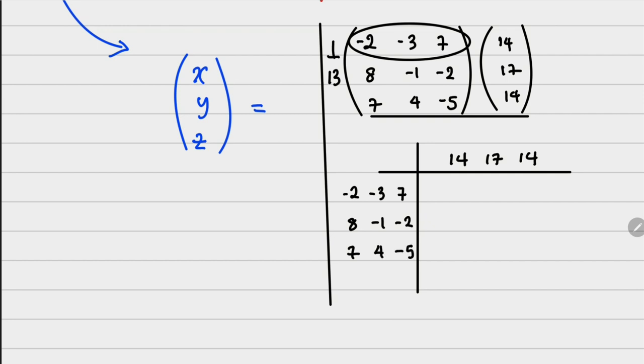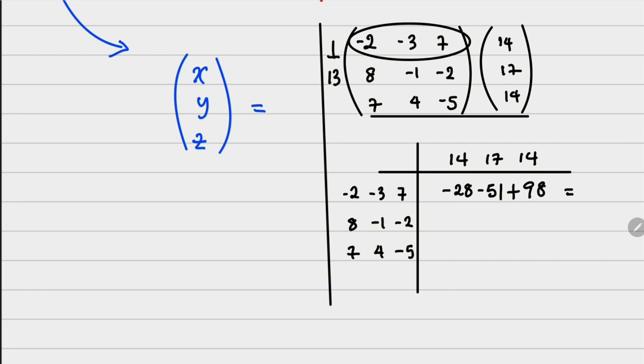So I will now multiply. Now this is it. 2 times 14 is going to be minus 28. Then minus 3 times 17, that should be minus 51. Then 7 times 14, that should be plus 98.